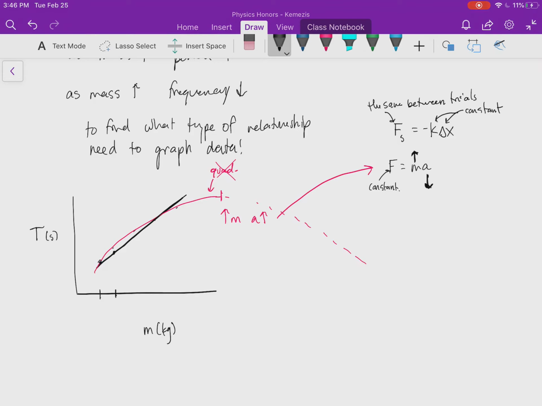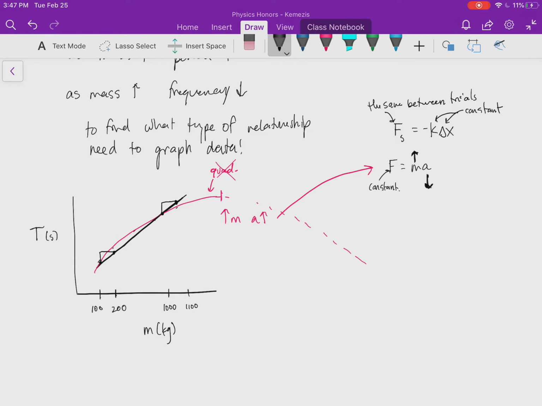Because when I go from, let's call this, 100 grams to 200 grams, I see the same increase as if I go from 1,000 grams to 1,100 grams, right? That's what a linear relationship means: the same increase in mass will yield the same increase in our period, okay?